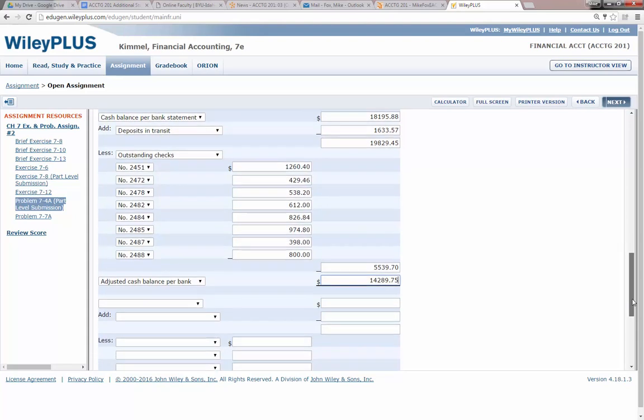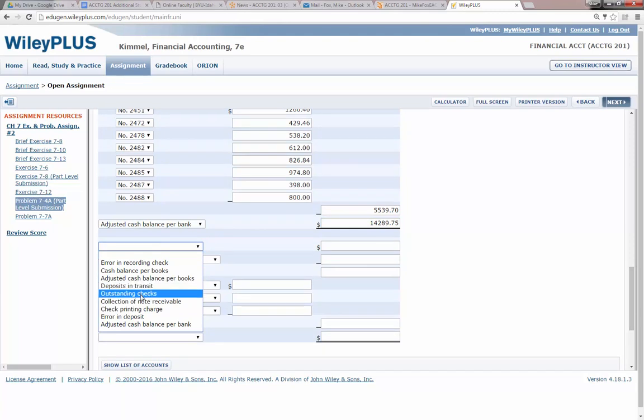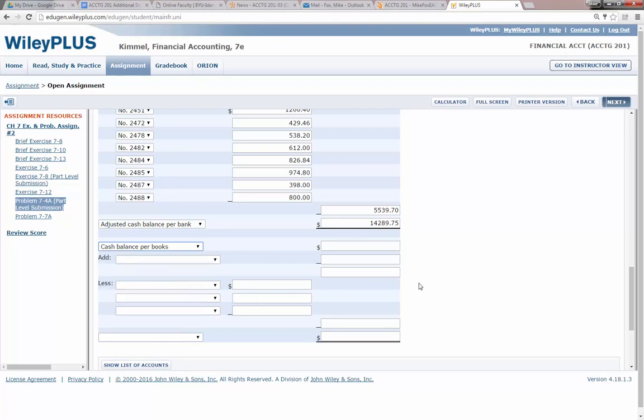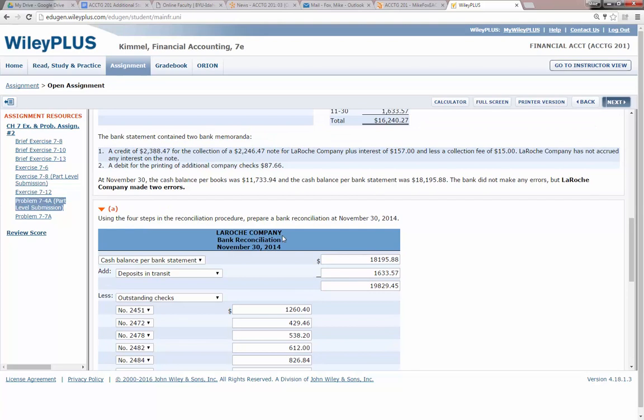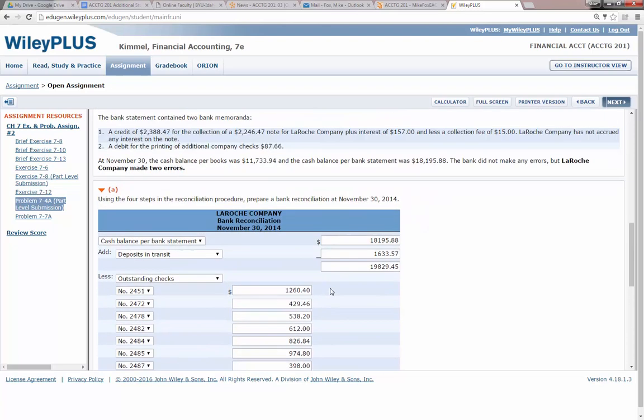Now we have to do our adjustment for the books. So we'll start with our cash balance per the books. I don't know why that was so hard to find, which is given to us right here, $11,733.94. I know you guys love the scrolling up and down.